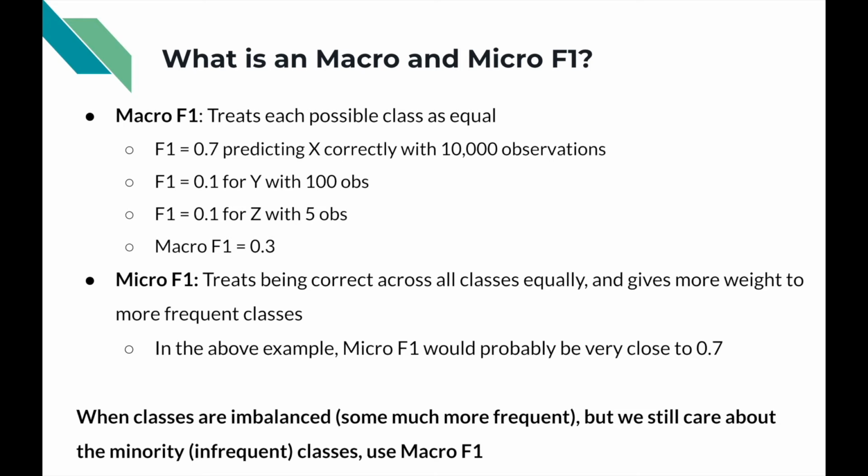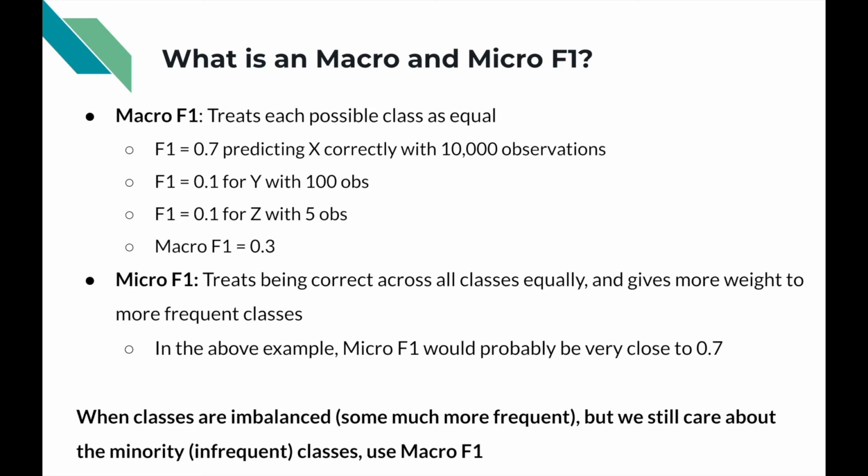In the second case, we actually want to treat being correct, true positive, true negative, false negative, as weighted by the frequency of observations. And we treat being correct across all the classes equally.